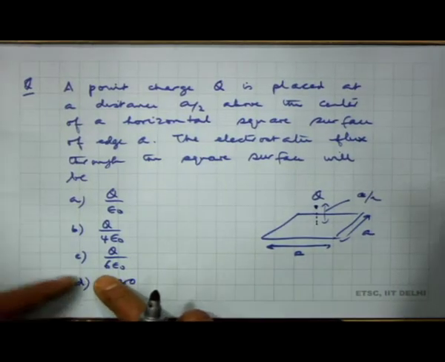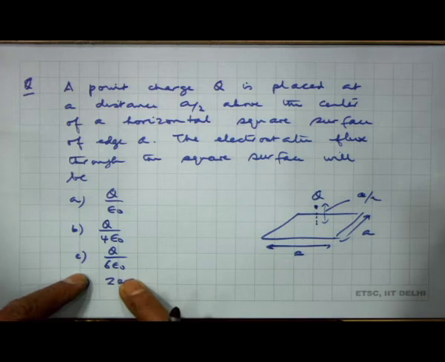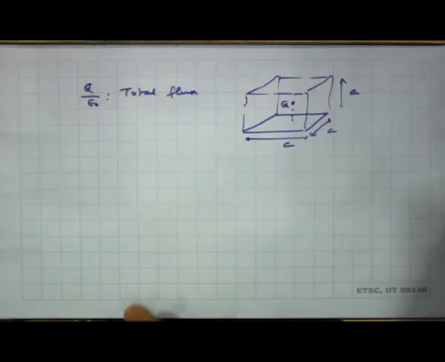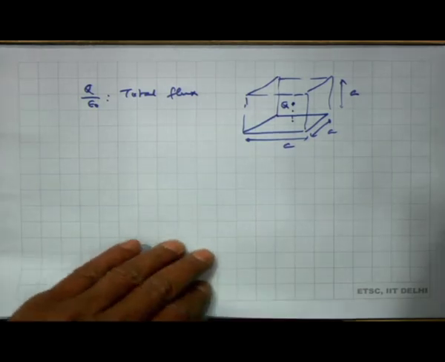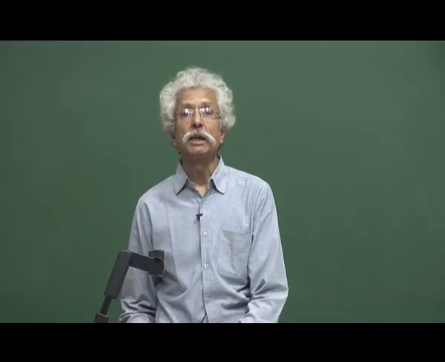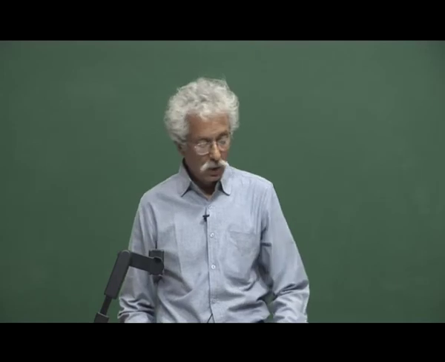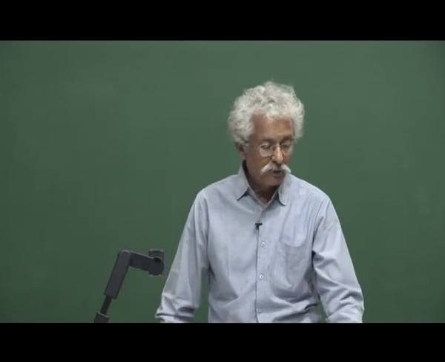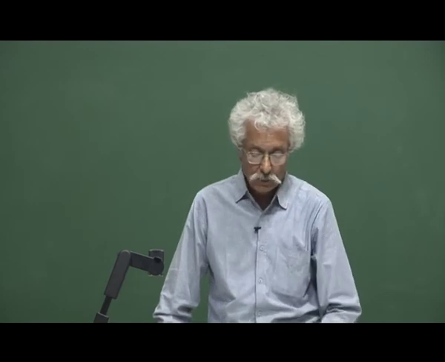So, the correct answer to this problem is the answer C here, which is q by 6 epsilon 0. So, in many of these problems, I should be able to use symmetry arguments to solve the problem very quickly, because that can help me to resolve the problems very easily.